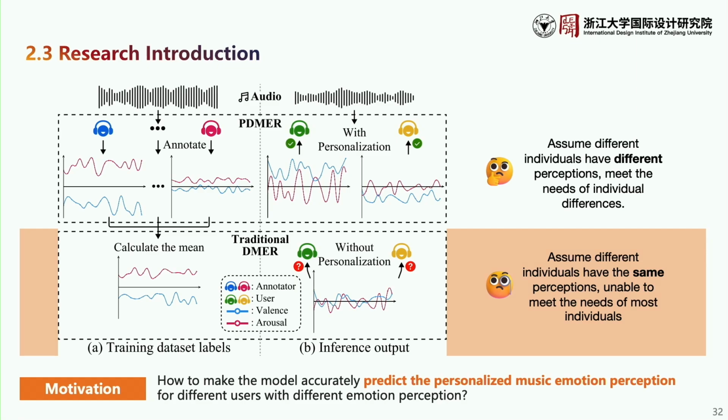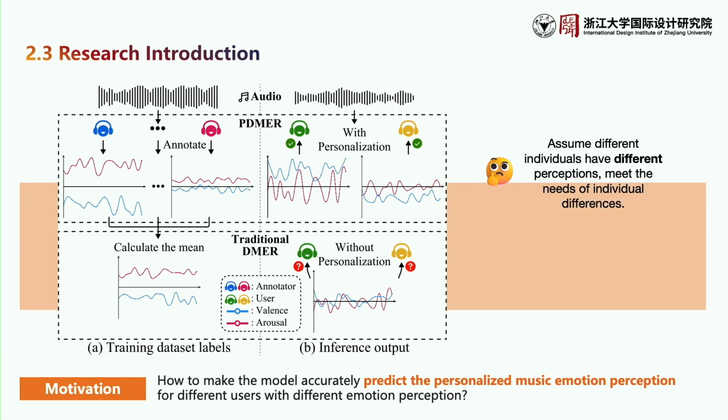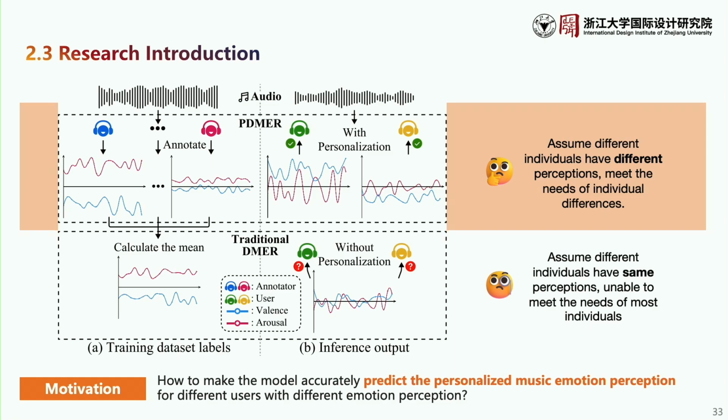Everyone will have the same emotion recognition model. But what we want to do is assume different individuals may have different perceptions, because one song could make me happy, but this song may not make you happy. So how can we do one model for only one person?